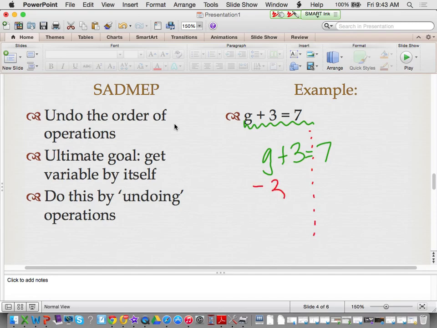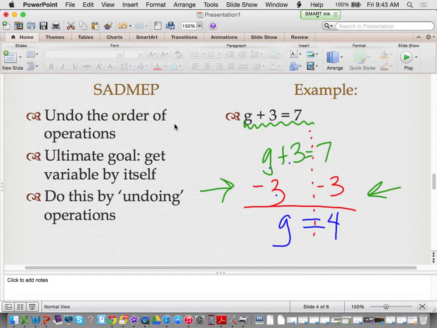So if I have some number g, and then I add 3 to it, and then I subtract 3 from it, I'm going to be left with g. Then I'm going to bring down my equal sign, because I need to have that barrier still, and then 7 minus 3 equals 4. So this is kind of a proof that g plus 3 equals 7 is the same thing as g equals 4. I did the same thing on both sides of that equal sign, so I know my equation is still balanced.